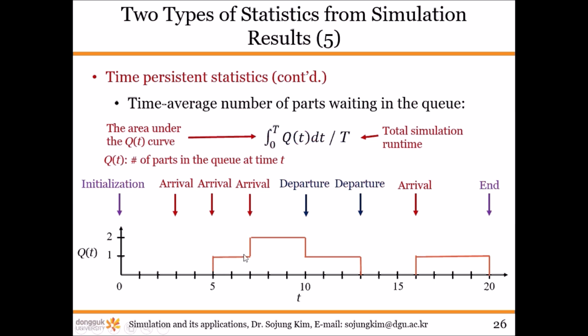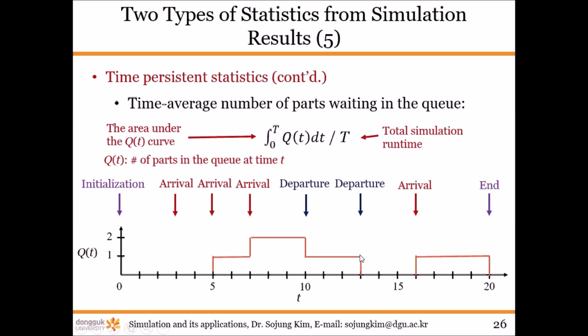The third entity also has to stay in the queue, so that's why we have two entities at time 7. However, there was a departure event, which means the first entity left the system at time 10, and that's why we have only one entity left in the queue.